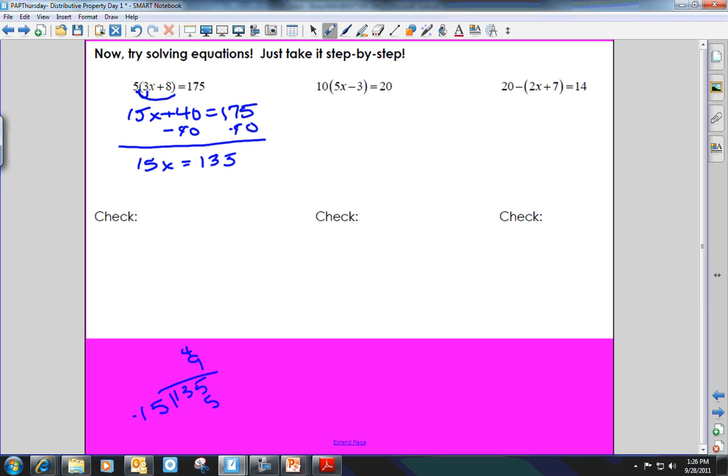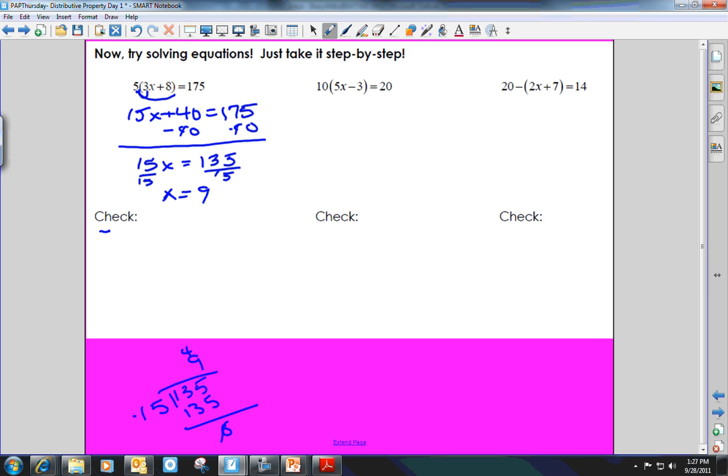Yep. So that's 9. X equals 9. And I had to divide by 15 on this side and divide by 15 on that side for x equals 9.